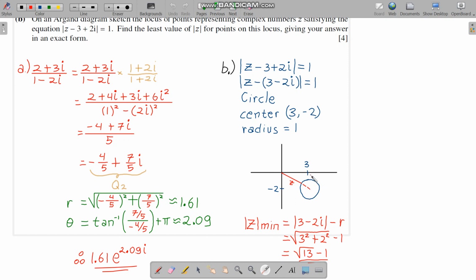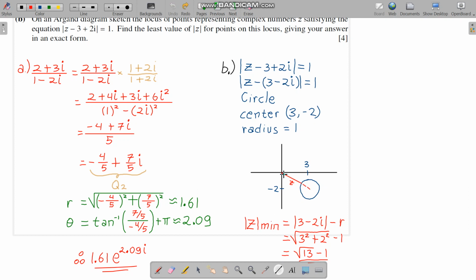Now to find the least value of |z|, z is from origin to any point on the circle, some random point on the circumference. To find the shortest, we have to use the point around here, which is like the normal. If you make a straight line, it passes through the center of the circle.